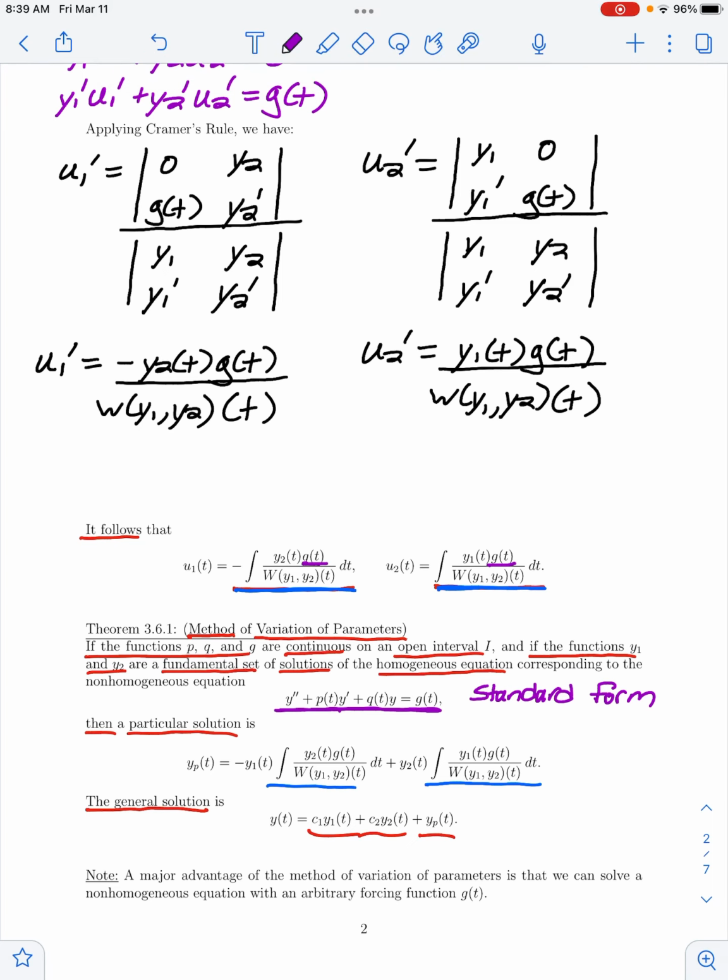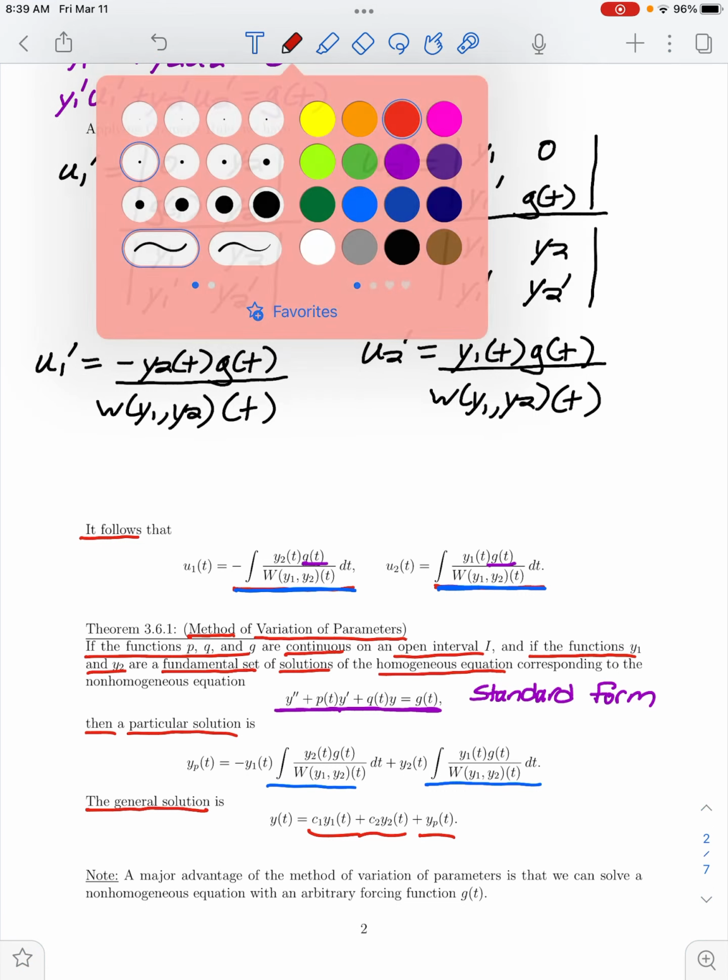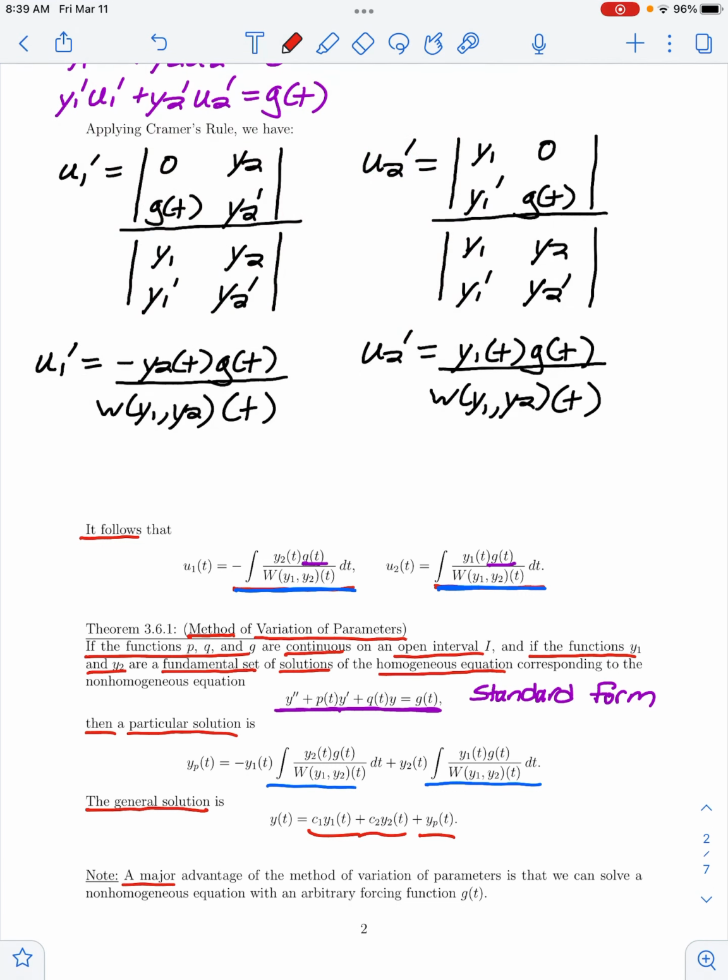Now, one other thing to note is that a major advantage of this method of variation of parameters is that we can solve a non-homogeneous equation with an arbitrary forcing function g of t, as long as it's continuous. That was our only restriction here.